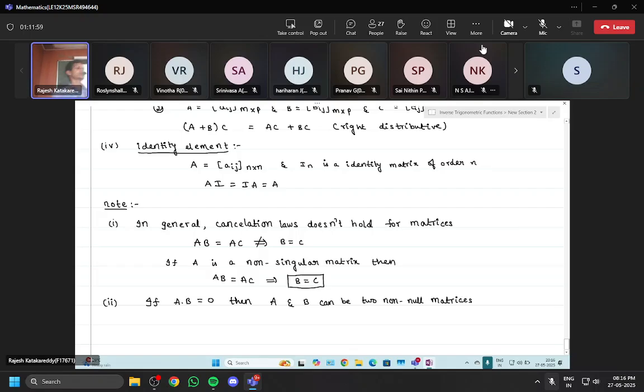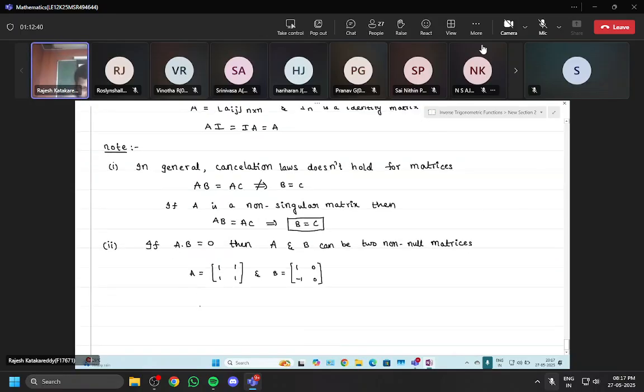We have one example in our book. Everybody open page number 6, fourth point. They have given two matrices. Take matrix A equals 1, 1, 1, 1 and matrix B equals 1, 0, minus 1, 0. Can you check whether the product is 0 or not?